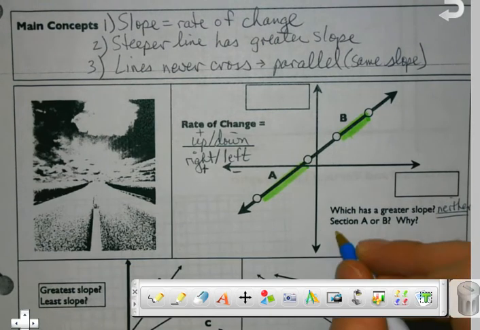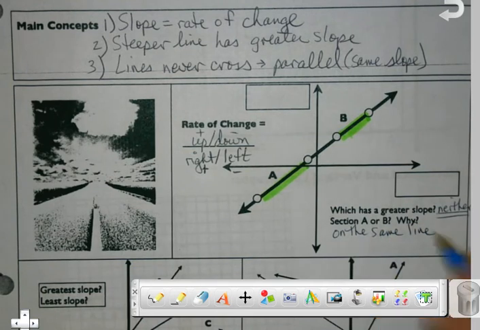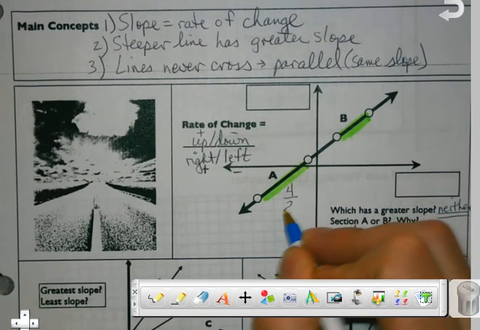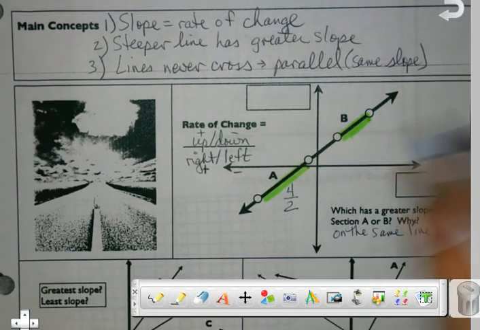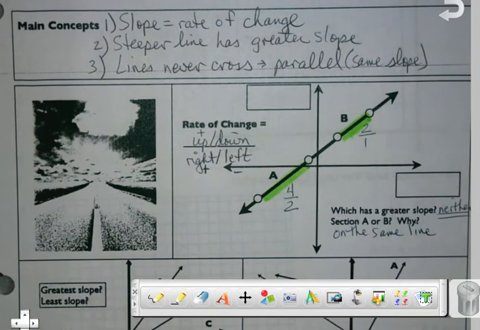Exactly. That's right. Because if I did A, and that's a good point, because let's say I did A and I went up 4 and over 2, but with B, I went up 2 and over 1. Are those the same? Well, yeah.